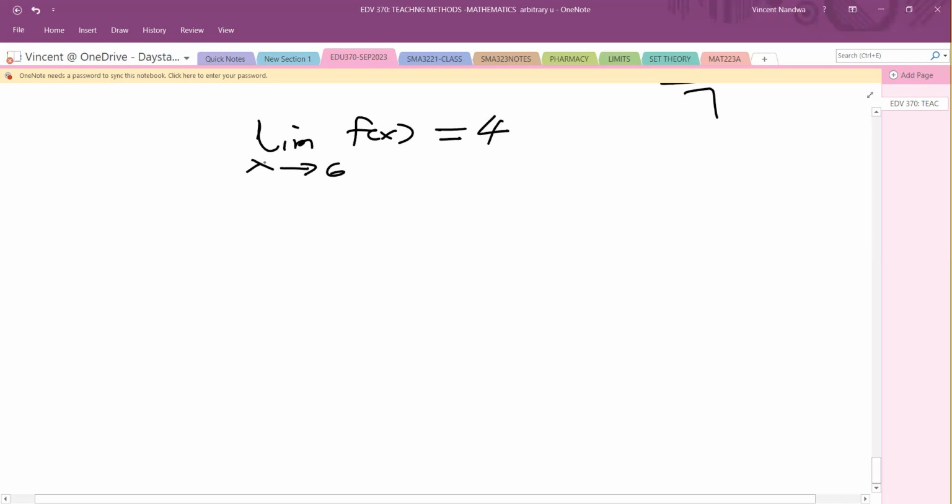So find, part 1, the limit as x approaches 6 of f of x squared. Here we are testing which law? Power rule.